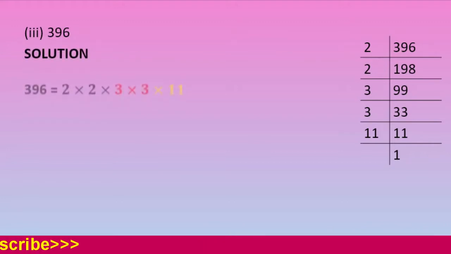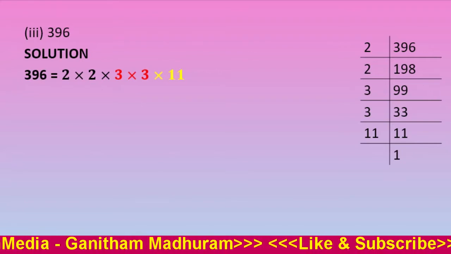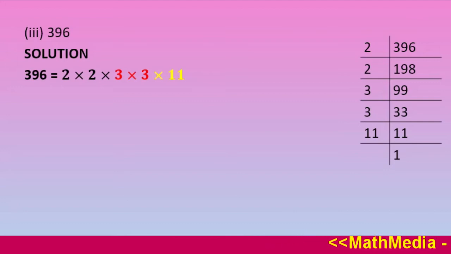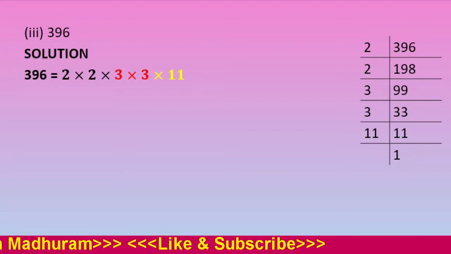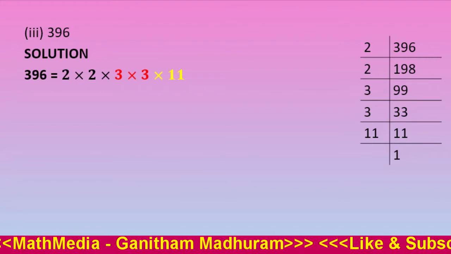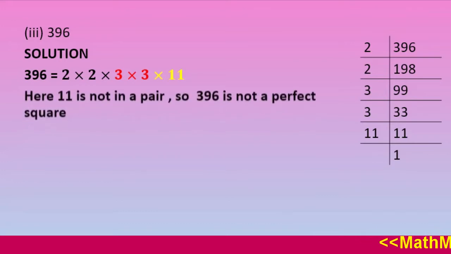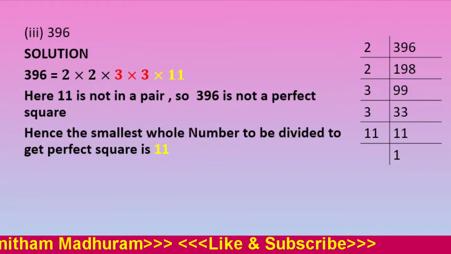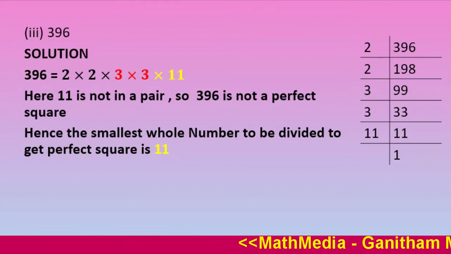Our next question, 396. First we have to do the prime factorization of 396, which gives 2 into 2 into 3 into 3 into 11. Observe the prime factors of 396. We see that 11 is not in a pair, so the smallest whole number to be divided to get a perfect square is 11.